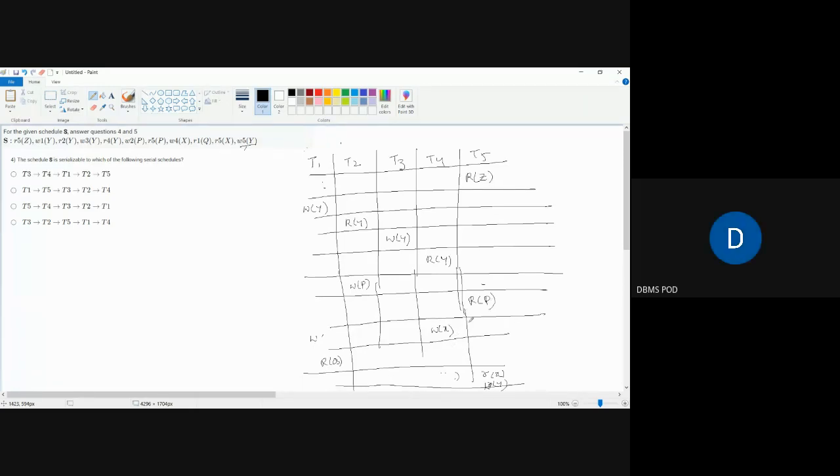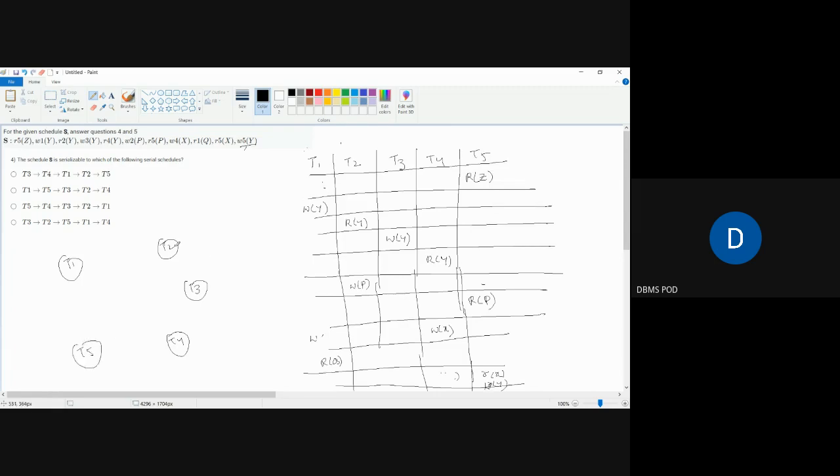Now we have to check. You have to draw the precedence graph, right? Yes, sir. So let's draw the precedence graph: T1, T2, T3, T4, T5.